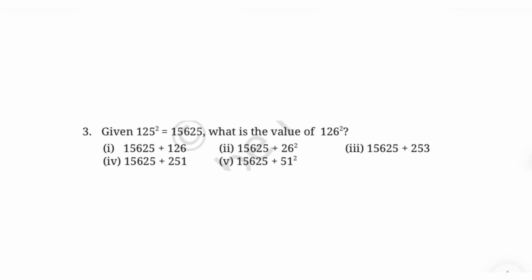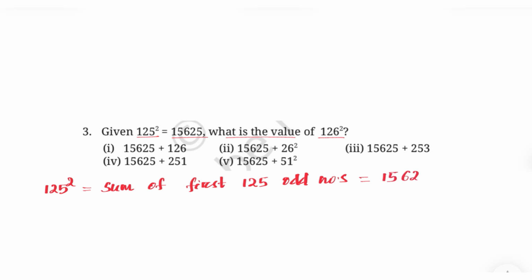The next question is, it is given that if 125 square equals to 15,625, then what is the value of 126 square? We know that 125 square is same as the sum of first 125 odd numbers starting from 1.